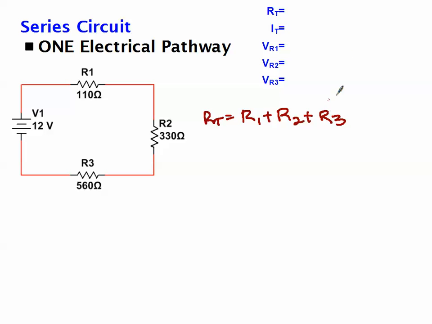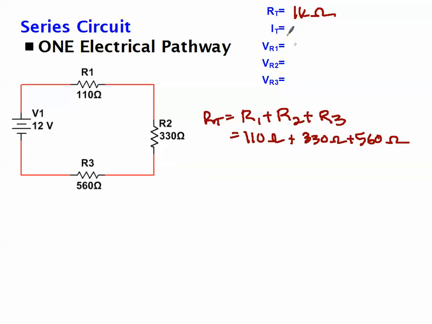So R1 plus R2 plus R3 is 110 ohms plus 330 ohms plus 560 ohms. If you add that up, it works out to be 1,000 ohms, or 1 kilo ohm.